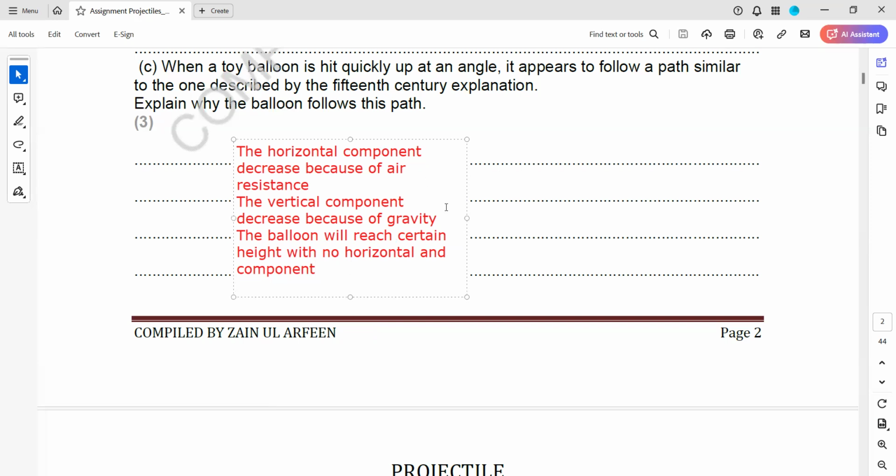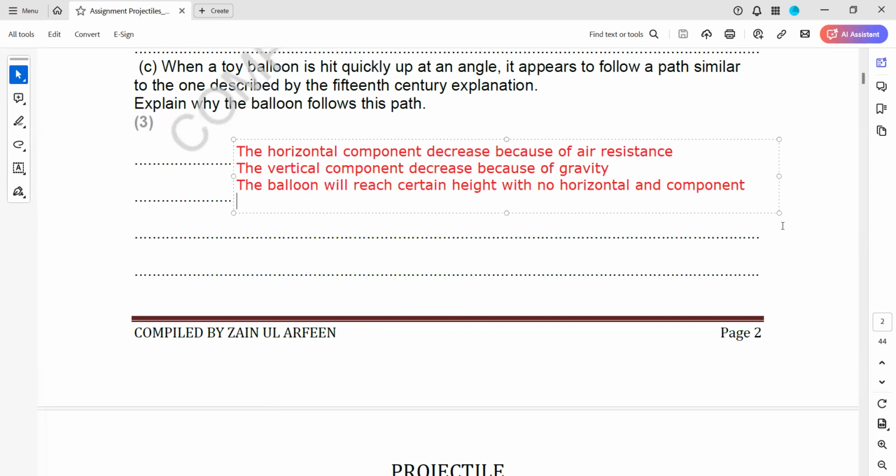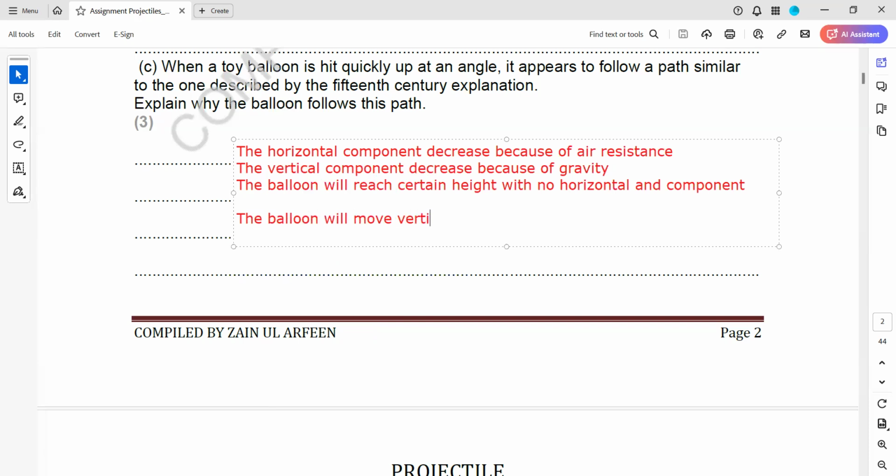So the balloon will move downward because of the gravitational pull. So the balloon only will move downward.